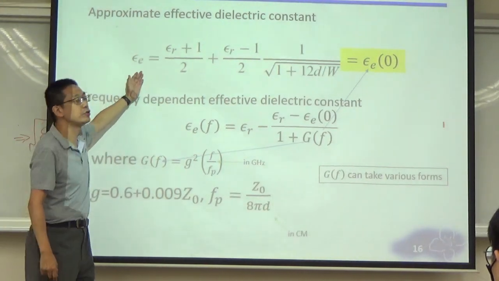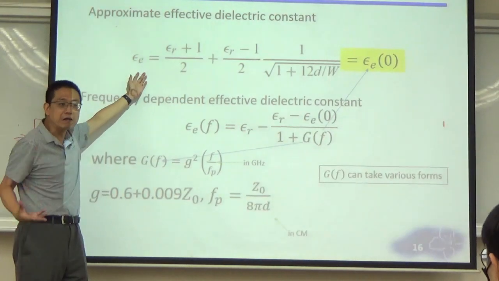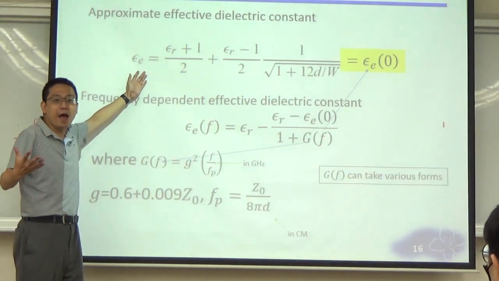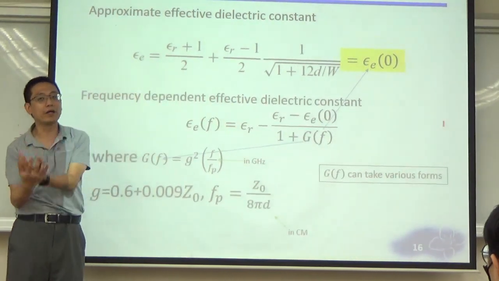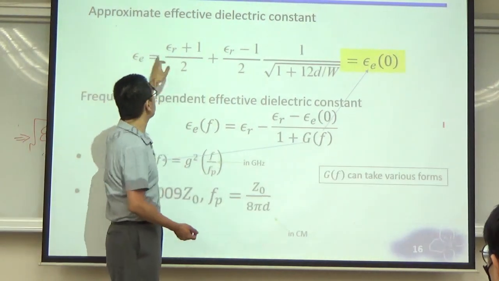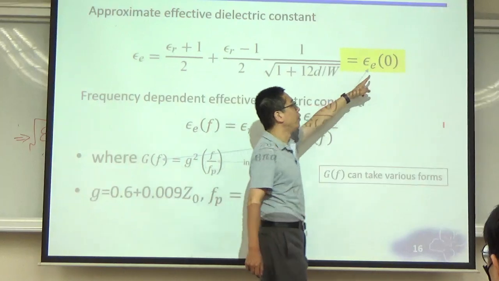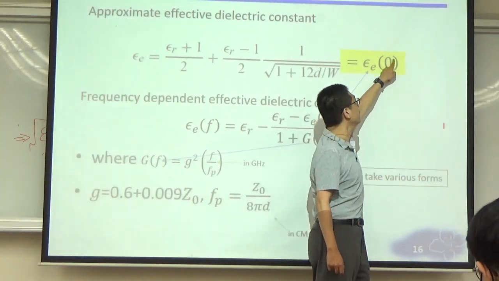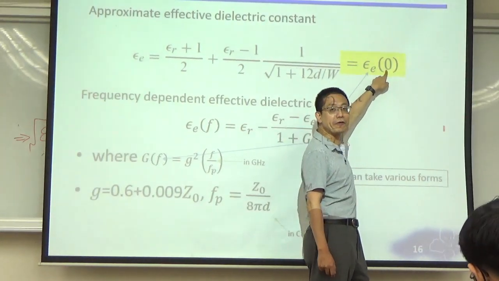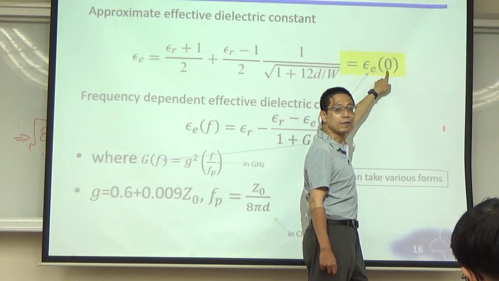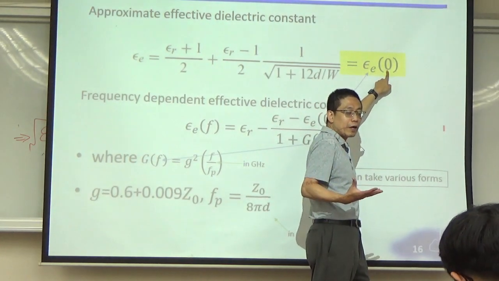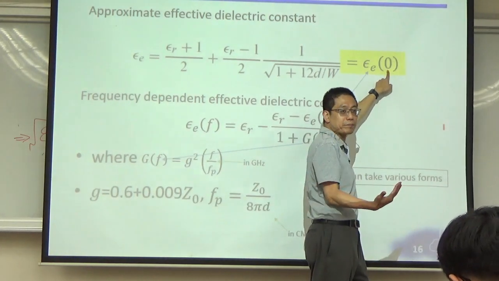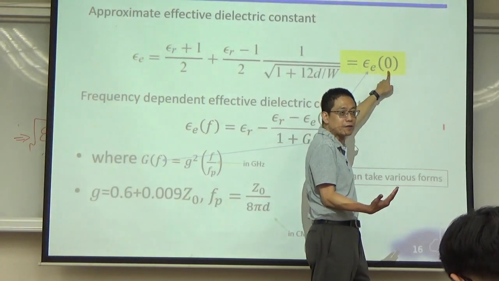How do you explain this one? By this equation? Because it is not accurate yet. The equation only tells you the epsilon E of low frequency. This is where you put the frequency here. Okay? For the real world, your epsilon E is changing by different frequency.